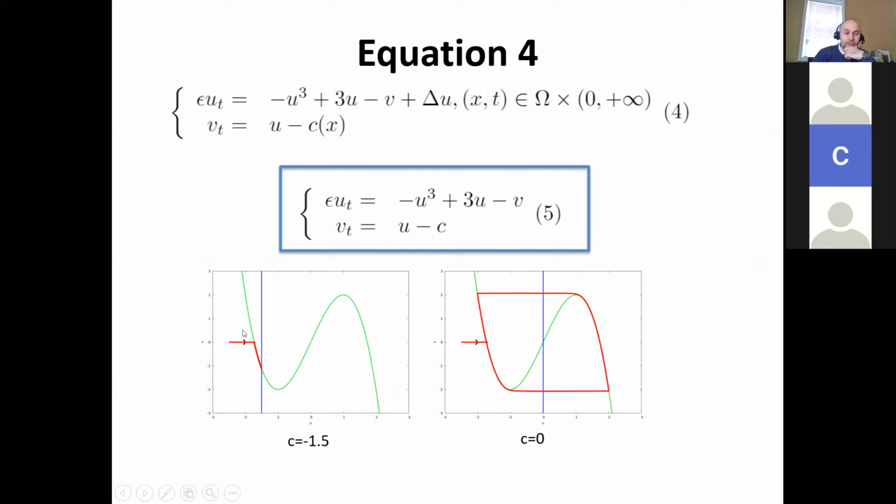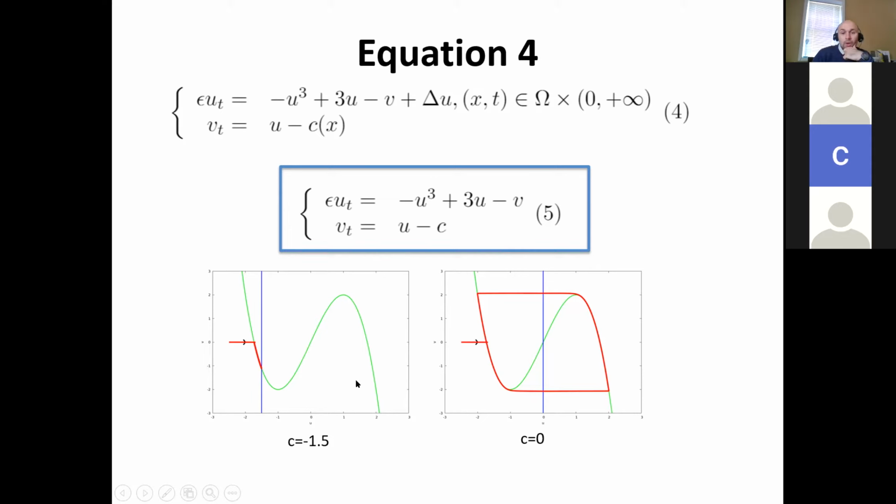At left, you have a unique stationary point, which is attractive. It is stable. And if I start with an initial condition here, I'm ending up on the stationary point. However, if I started here, I will go like that, then like that, then like that, and then like that. It's called an excitable system.